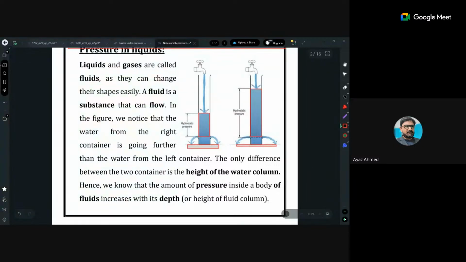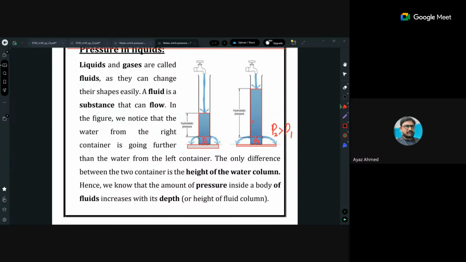So the water is falling out more because it has more pressure. It's very obvious, it will have more pressure in the right diagram. You can say that pressure 2 is greater than pressure 1. Here it is pressure 2, and this is your pressure 1.